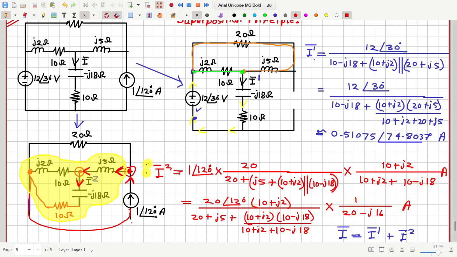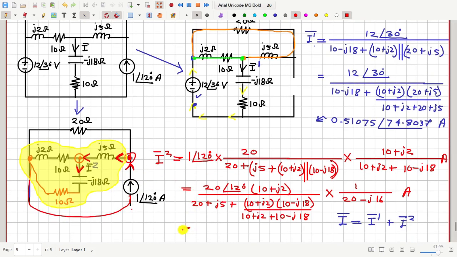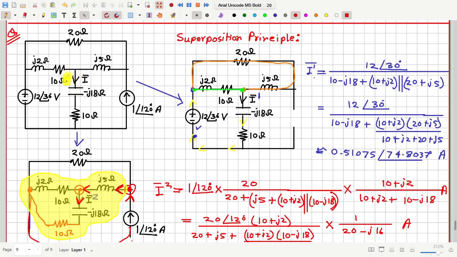This is the current I2 due to this current source alone, and according to my calculation this is equal to 0.2818 with an angle of 162.98 degree ampere.